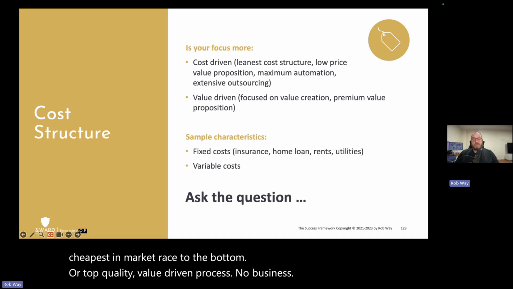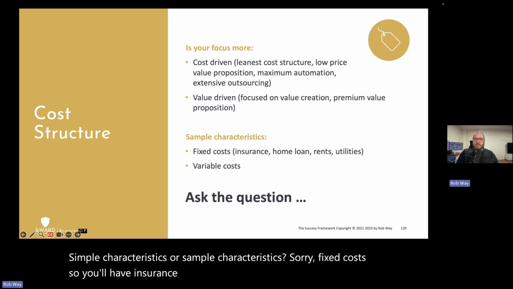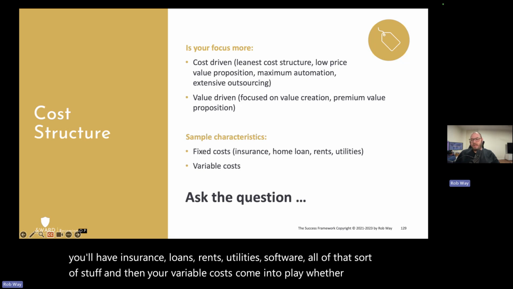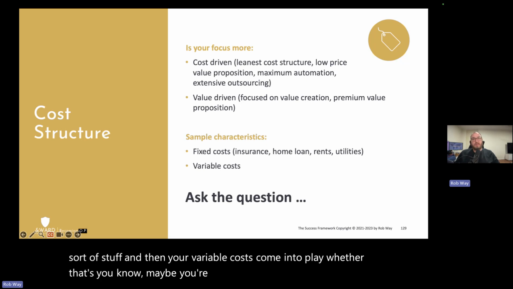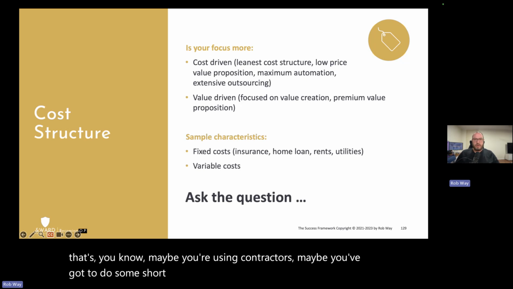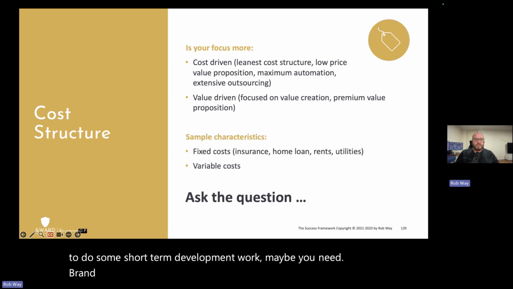Sample characteristics: fixed costs. So you'll have insurance, loans, rents, utilities, software, all of that sort of stuff. And then your variable costs come into play, whether that's, maybe you're using contractors, maybe you've got to do some short-term development work, maybe you need a brand expert to come in and build out your visual imagery, visual design. They could be variable costs.